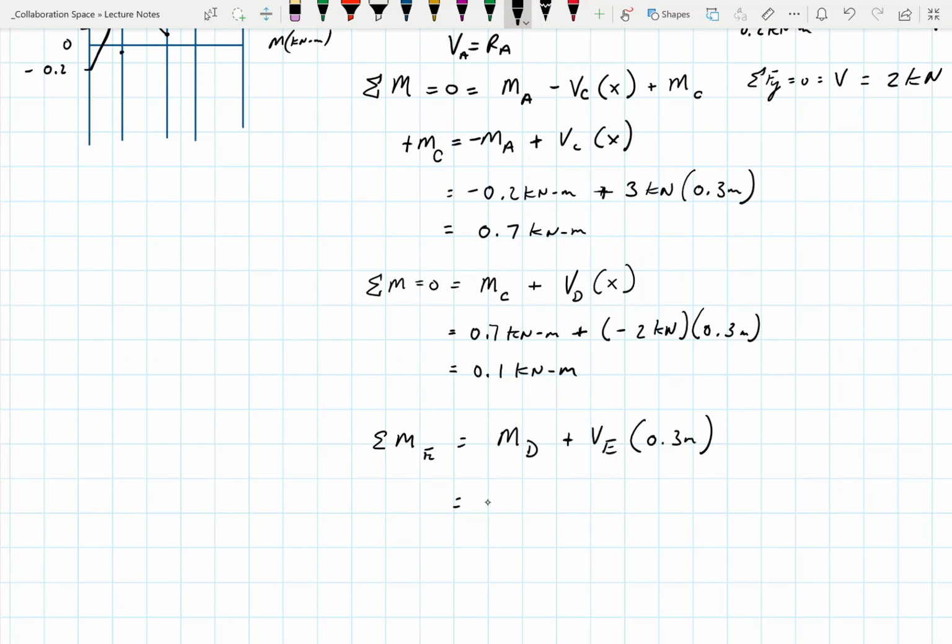Don't write this down, Patrick. 0.1 kilonewton meter. We got a negative VE, which is 3 kilonewtons for the VE, times 0.3 meters. And that will give me a negative 0.8 kilonewton meters, and that is the right number.